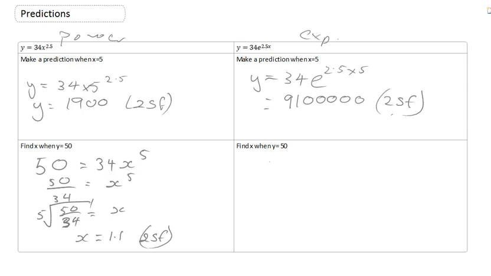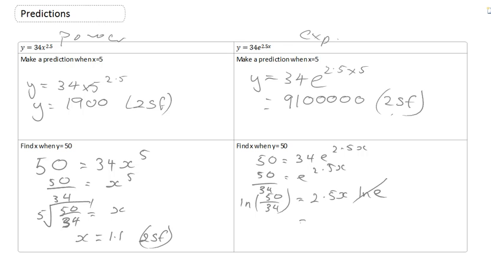Whereas my exponential one is 50 equals 34 e to the 2.5x. I'm going to get 50 over 34 equals e to the 2.5x. I'm going to then log both sides, so ln 50 divided by 34 equals 2.5x ln e. That cancels, so I've got ln 50 divided by 34, and I'm going to divide that by 2.5, and that gives me x.